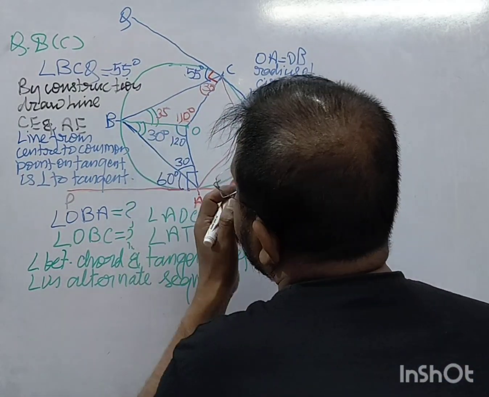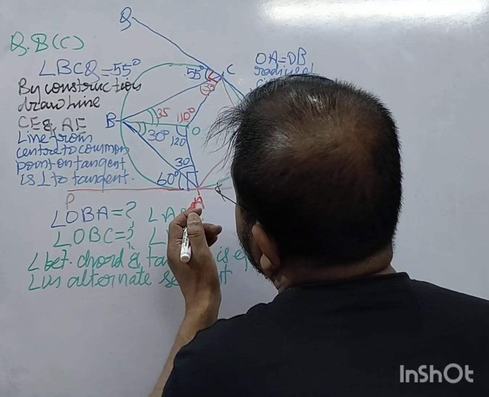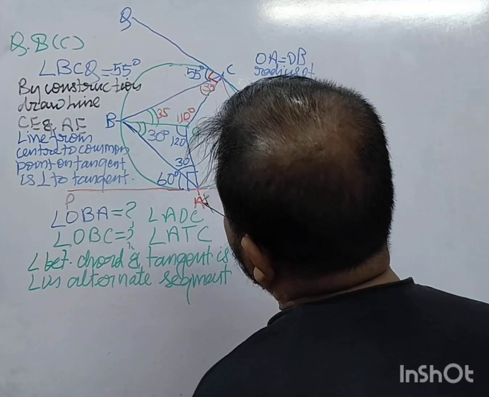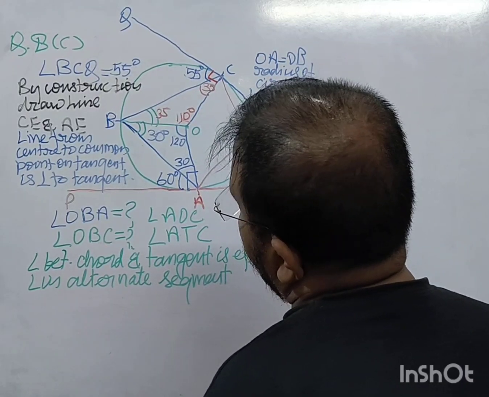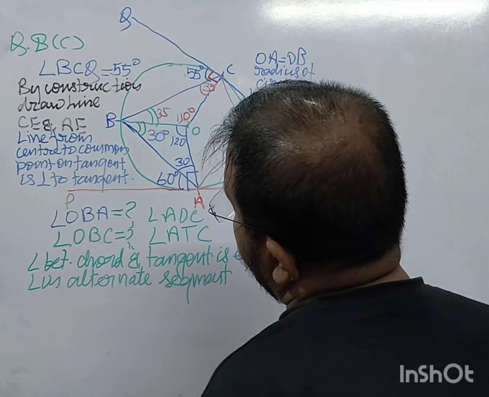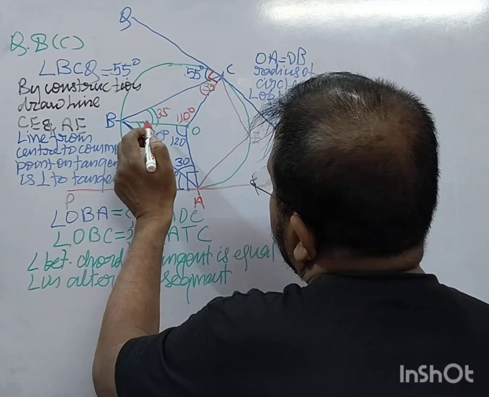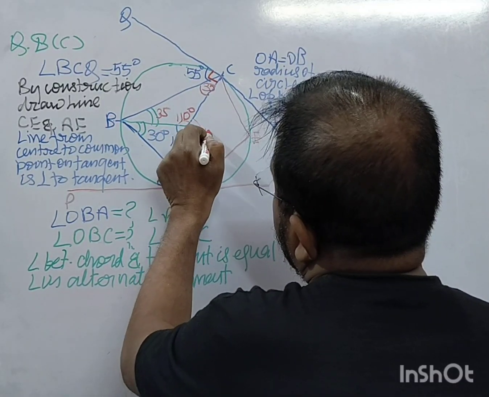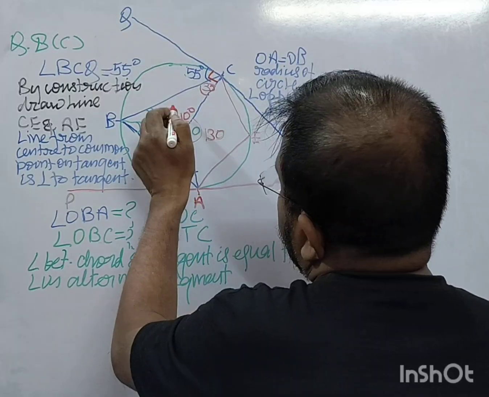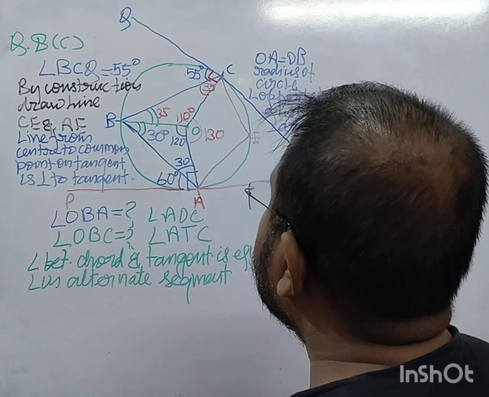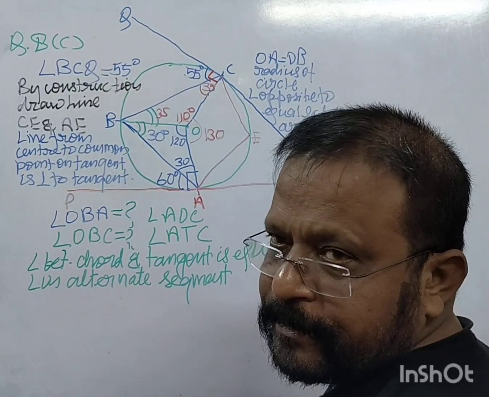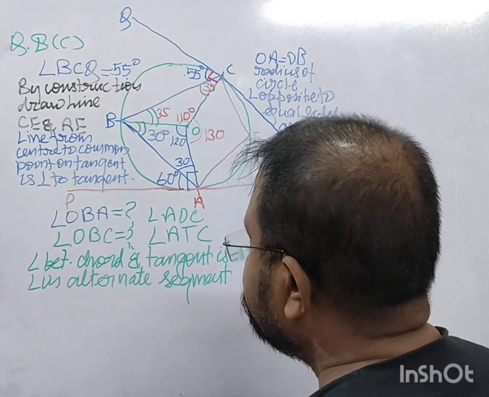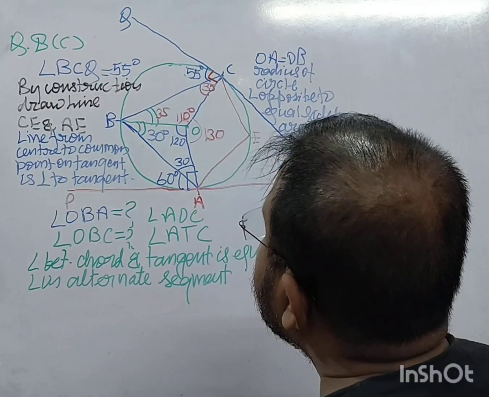When it is 110, then what happens? 30 and 35 becomes 65. Double of 65 will be 130. When you add all this, how much do you get? 360, right?